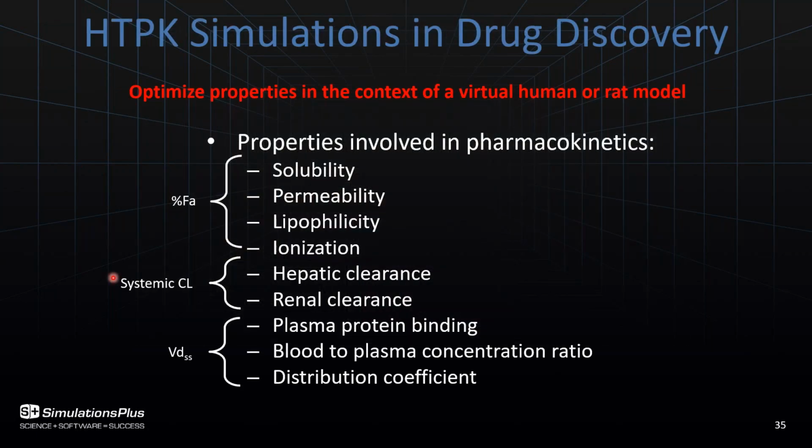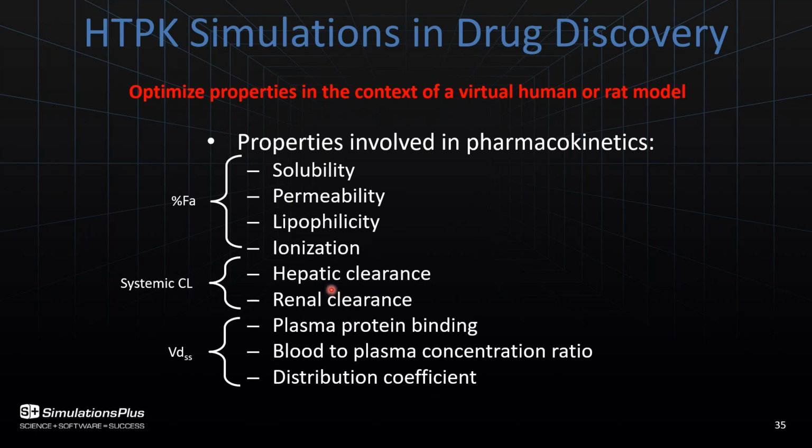What we're trying to encourage here is to optimize the properties of your molecule in the context of a virtual human or a rat. So instead of simply optimizing logP or ionization, you're putting that together with other parameters because they really do affect each other.